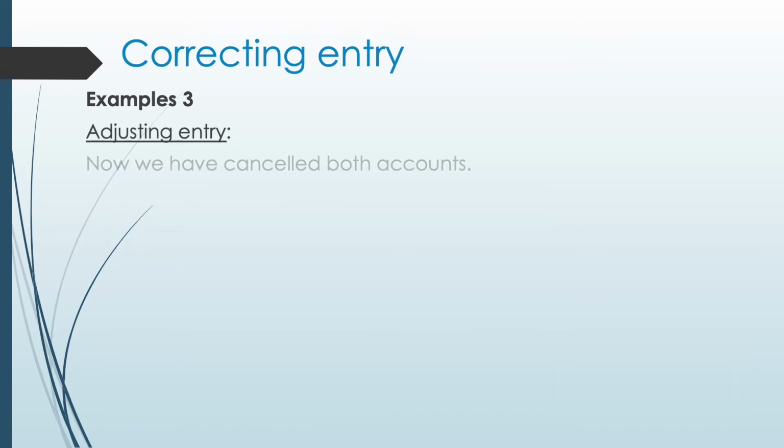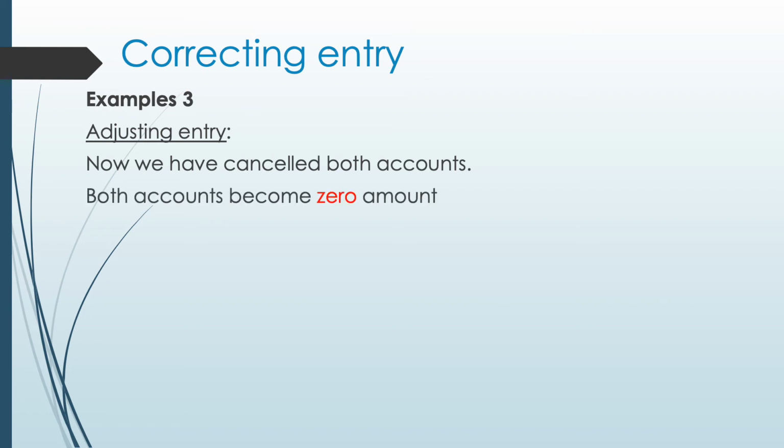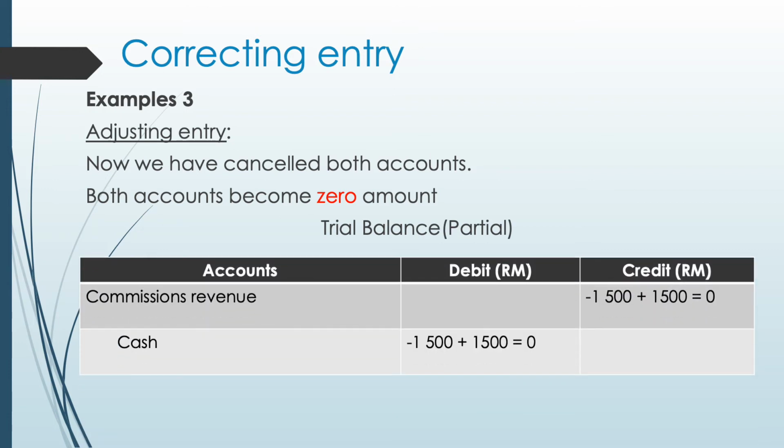Adjusting entries, now we have cancelled both accounts. Both accounts become zero amount. Commission revenue minus 1,500 plus 1,500 to become zero. Cash minus 1,500 plus 1,500 to become zero.